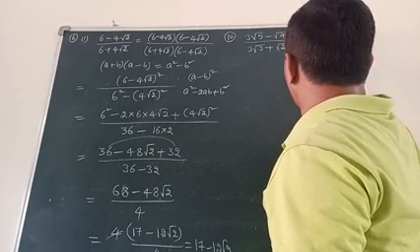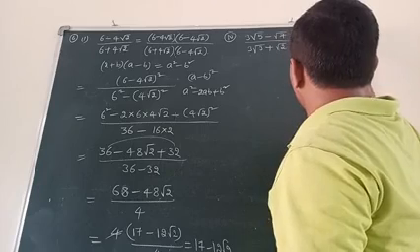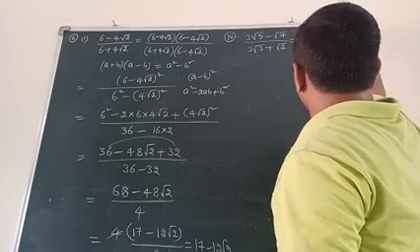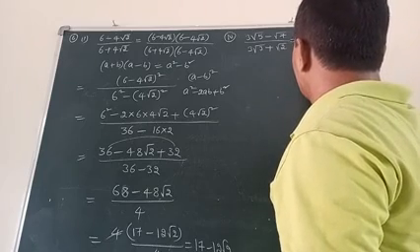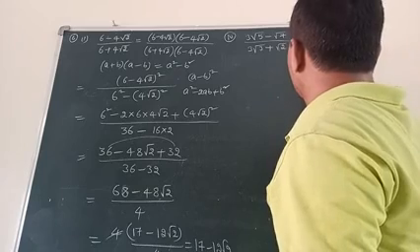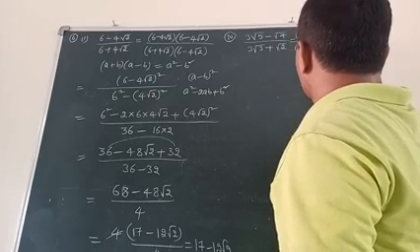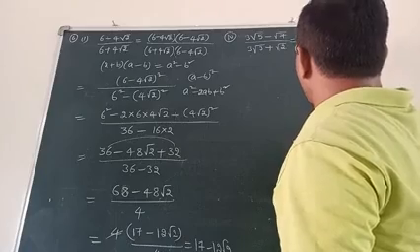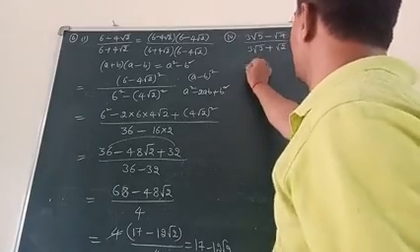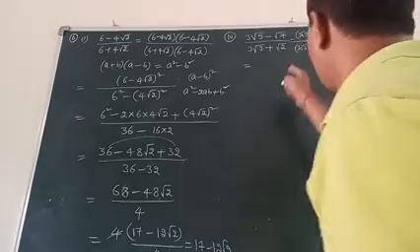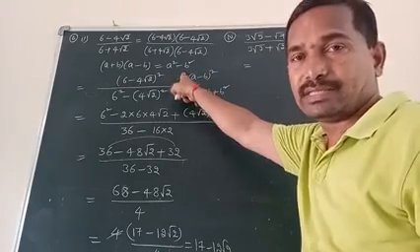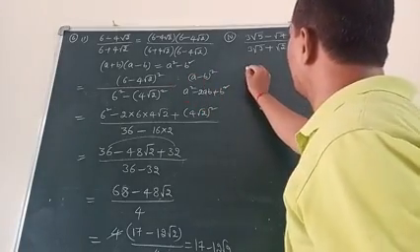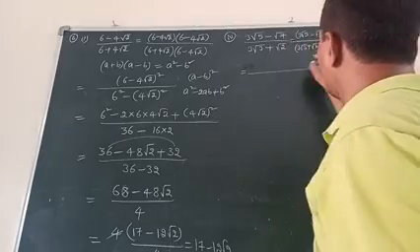So 3 root 5 minus root 7 times 3 root 3 minus root 2, by 3 root 3 plus root 2 times 3 root 3 minus root 2. For the denominator, a plus b into a minus b, what is a square minus b square? So let us simplify the numerator.